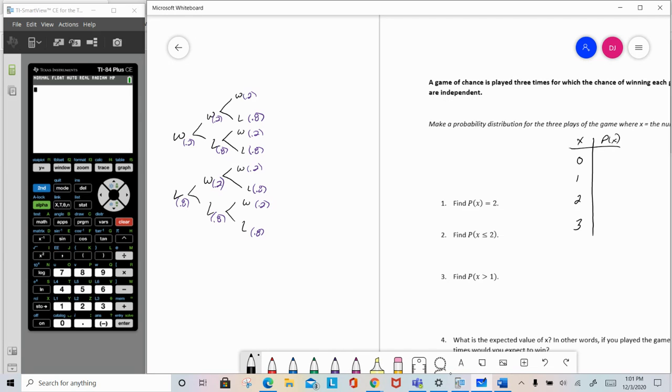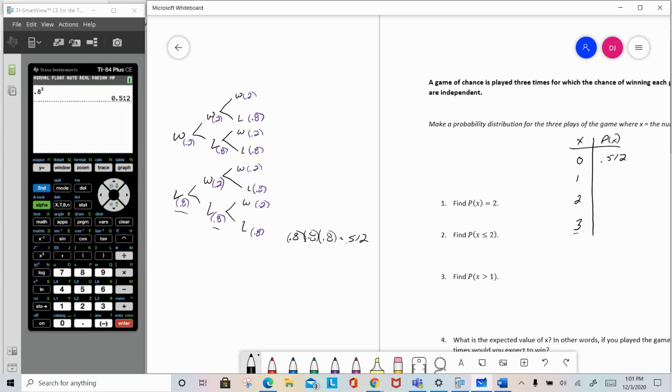What's the probability that x is 0? That's going to be the probability that I lose, lose, lose. So that will be 0.8 times 0.8 times 0.8, which is 0.8 to the third, or 0.512. So the probability that I lose all 3 times, the probability that I never win, is 0.512.